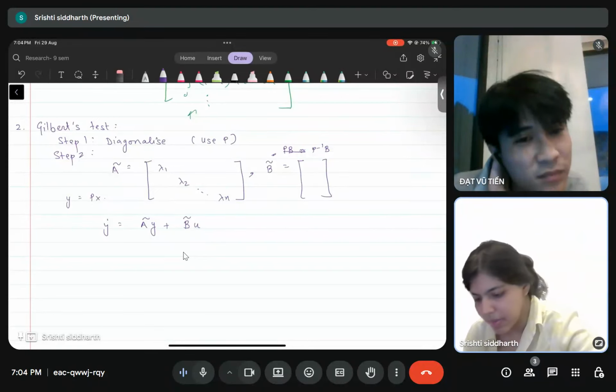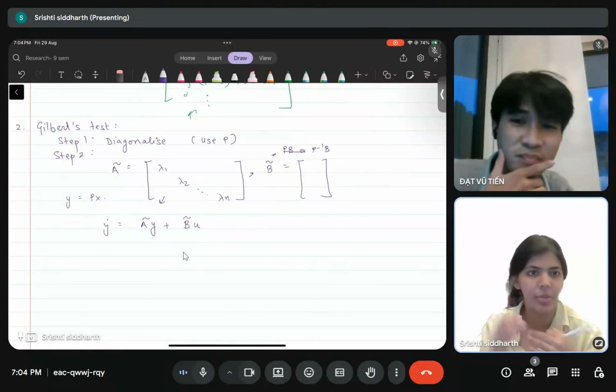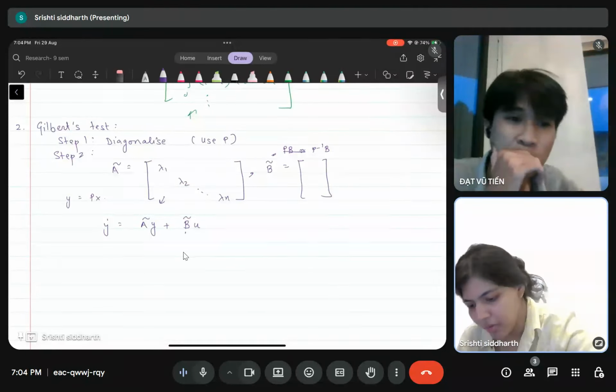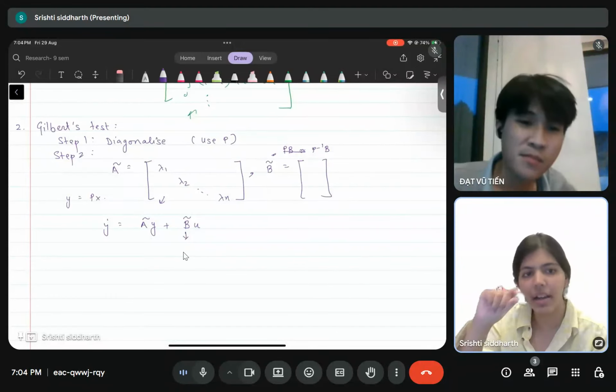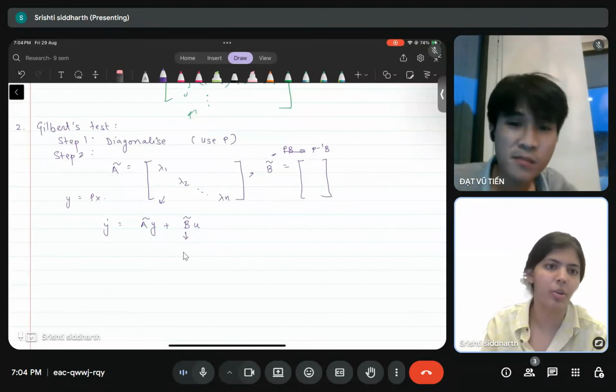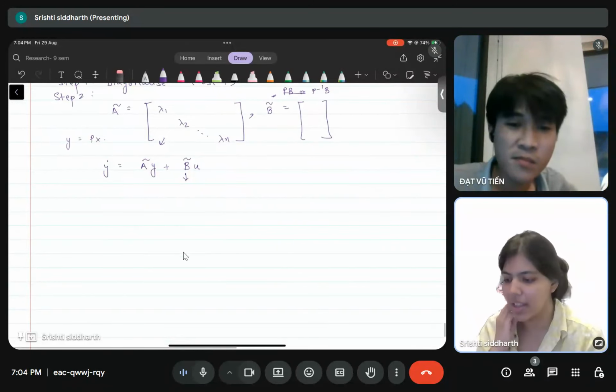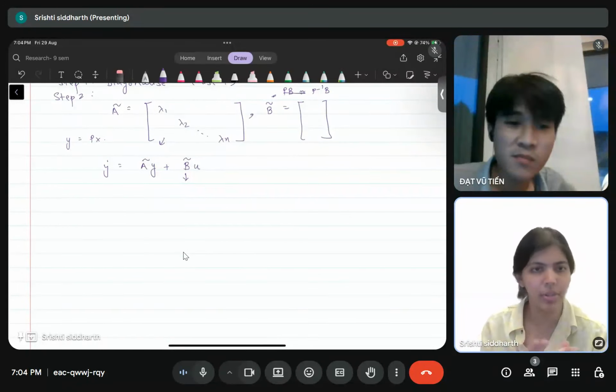Now this means that we have a decoupled system, right? And if any of the entries are zero corresponding to that eigenvalue, then that state or the eigenvalue is uncoupled. And then there is a case for repeated eigenvalues, and we'll look at it.